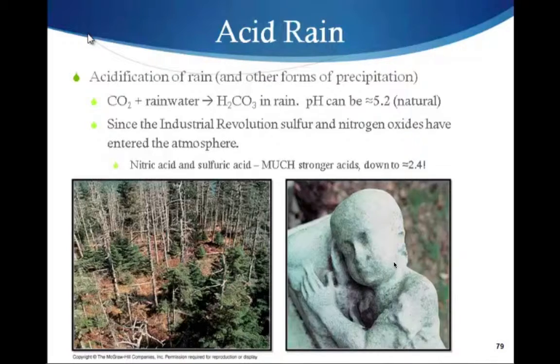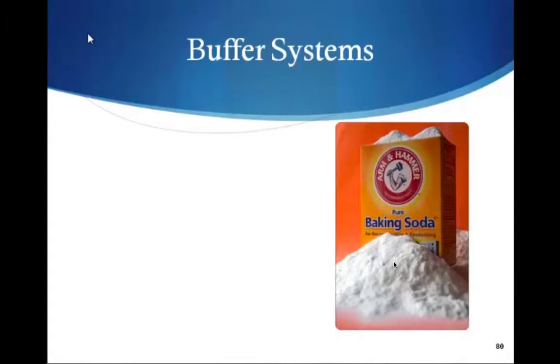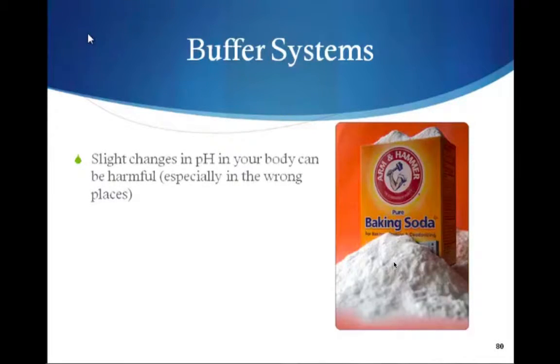Okay, so I had mentioned this whole issue of buffering systems, right? And what this means is that your body has to be really careful, doesn't it? It has to maintain pH levels and not allow them to change very much. And that's actually very important. Slight changes in pH can actually do some very, very bad things. I mean, imagine if your stomach fluids were to accidentally spill out into the wrong place.